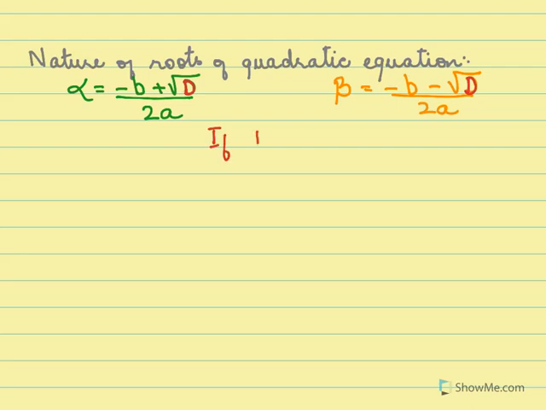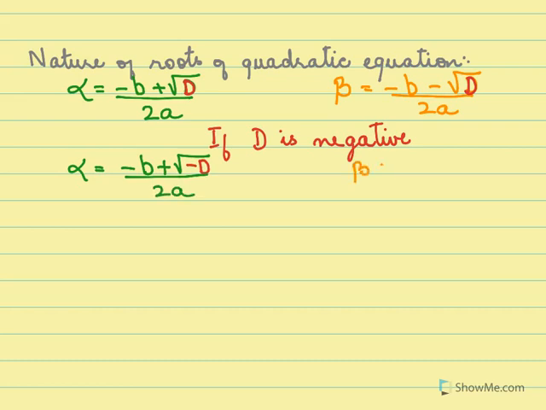If D is negative, that is, the discriminant is negative, we will end up with minus b plus under root of minus D over 2a for alpha, and for beta we'll have minus b minus under root of minus D over 2a. We've already learned earlier that the square root of a negative number is not real.